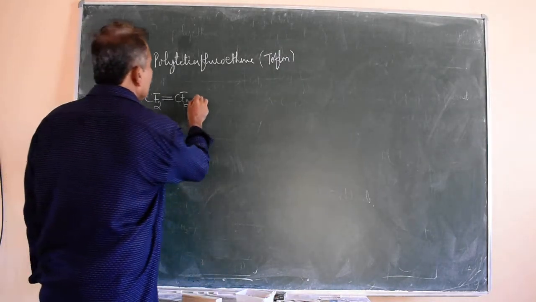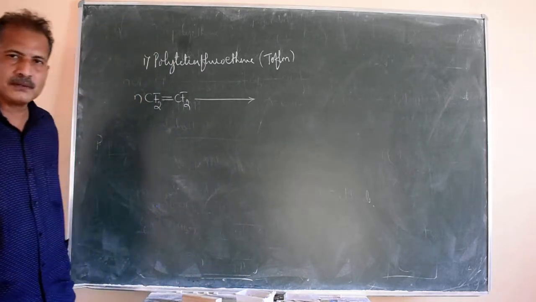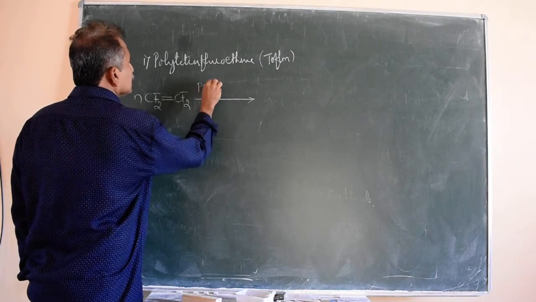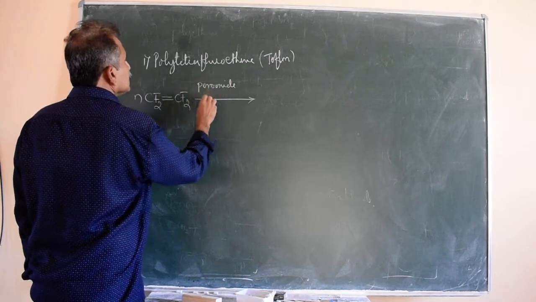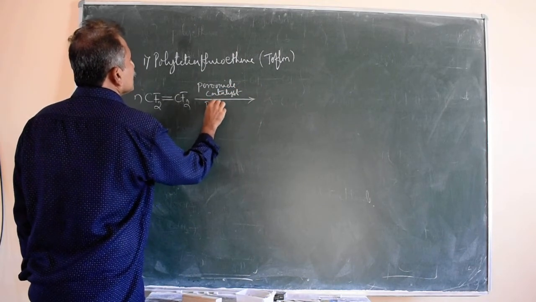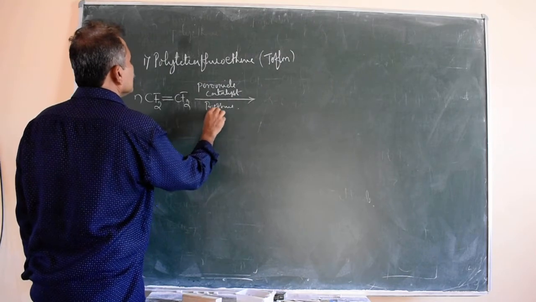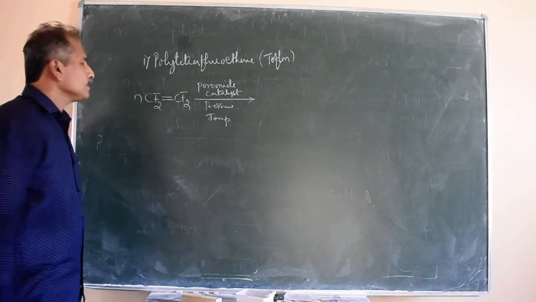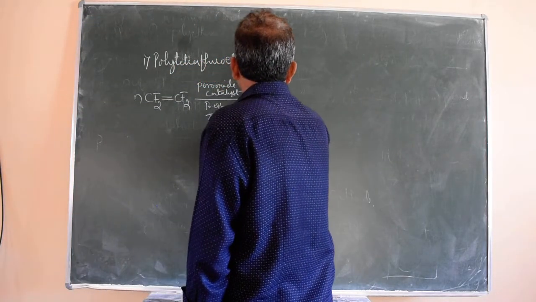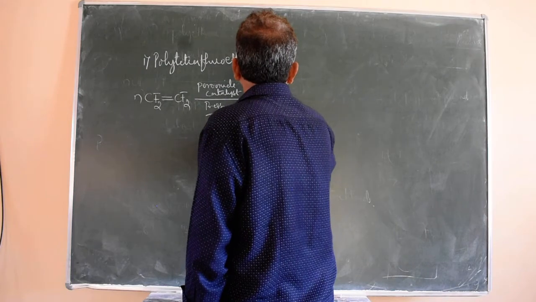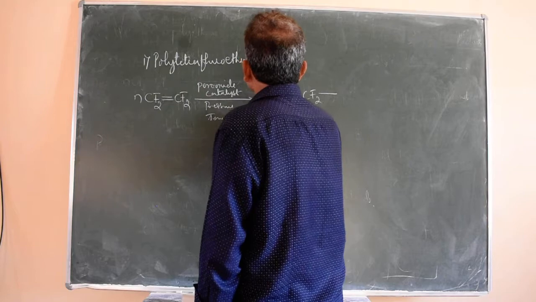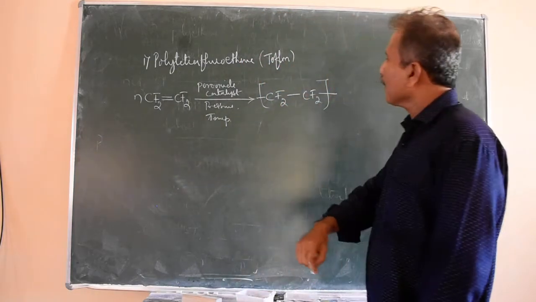You have to subject it to high pressure and temperature in the presence of a peroxide catalyst. So this also will undergo addition polymerization, and you will get this particular monomer. This monomer you will get. Okay.